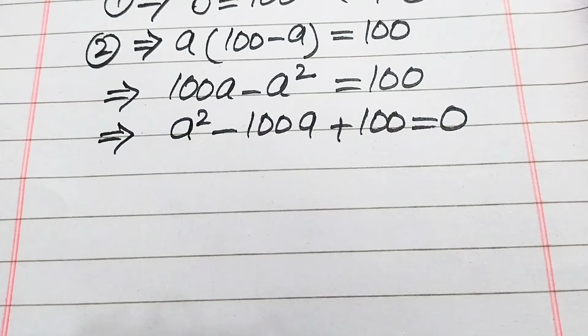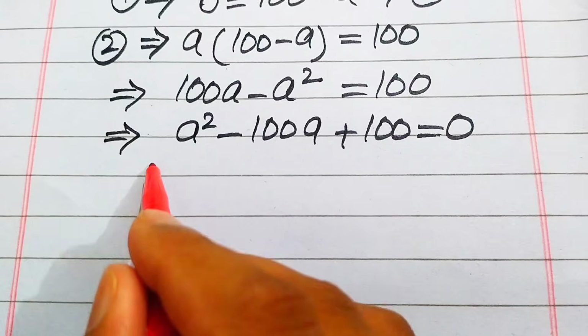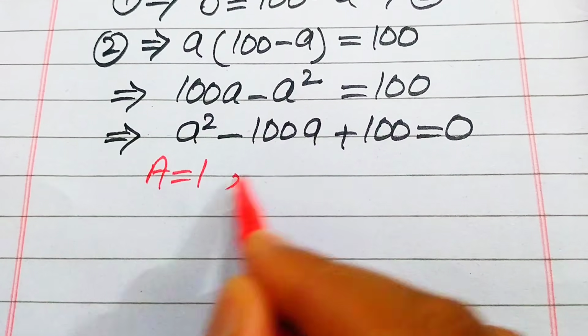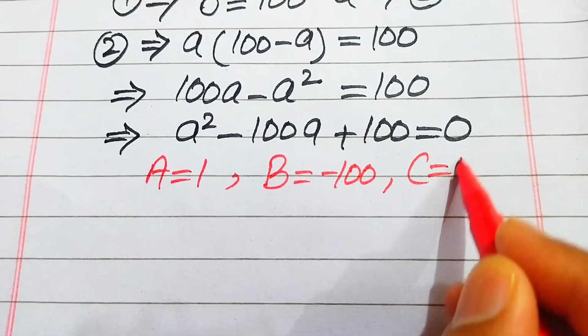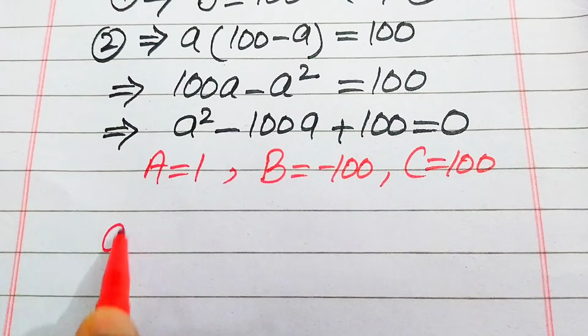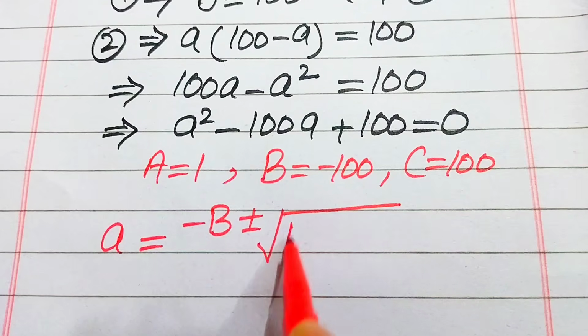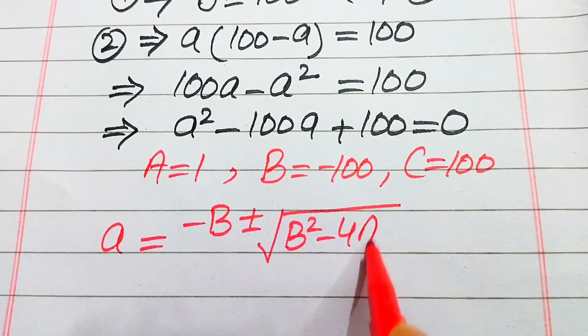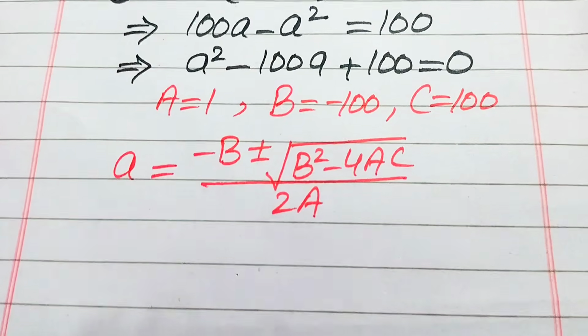You see that this equation is a quadratic equation in variable a, and here we use the quadratic formula to solve it. For this we write the coefficients of this equation: capital A equals 1, capital B equals minus 100, and capital C equals plus 100. And we state the quadratic formula as a equals minus B plus minus square root of B square minus 4AC, divided by 2A.